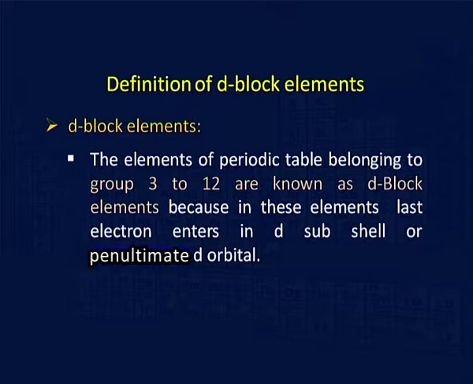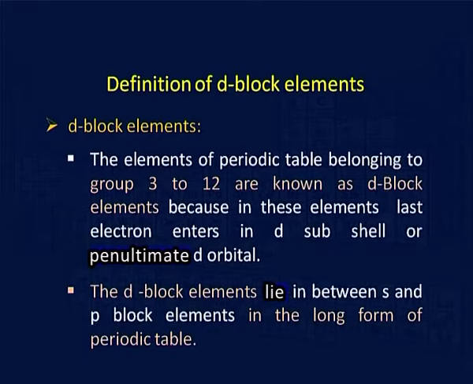In the periodic table, they lie in the D block, and they occupy group 3 to group 12. In these elements, the electron is added into the D subshell, which is the penultimate shell for these elements.